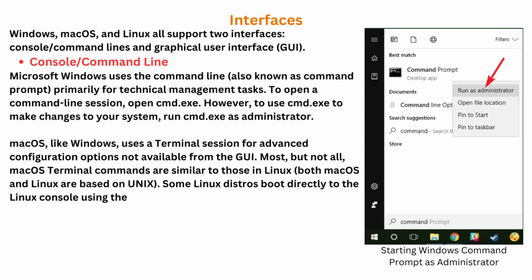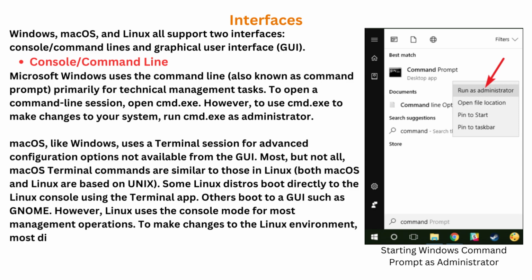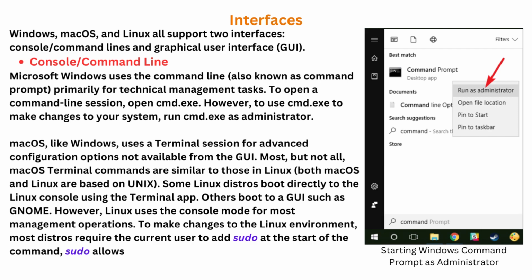Some Linux distros boot directly to the Linux console using the terminal app. Others boot to a GUI such as GNOME. However, Linux uses the console mode for most management operations. To make changes to the Linux environment, most distros require the current user to add sudo at the start of the command.